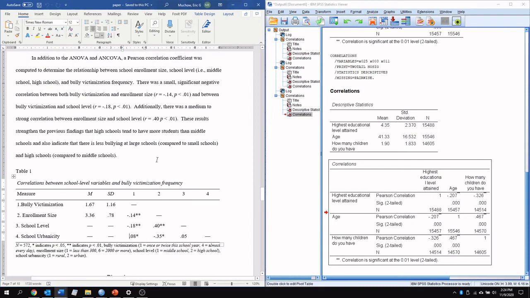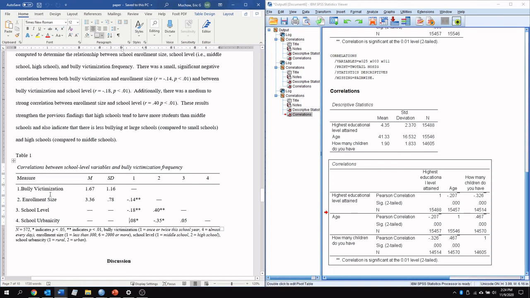This was for my project last year, and I was looking at bully victimization and school enrollment size and school level and school urbanicity. And we can see here, this diagonal represents where all of these ones would be, because we're looking at ourselves.